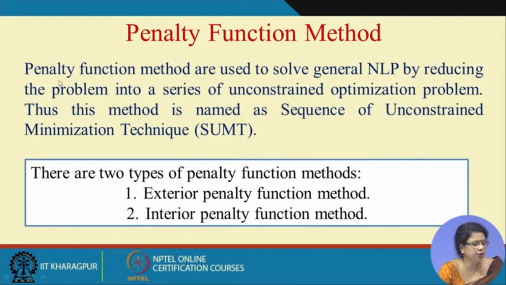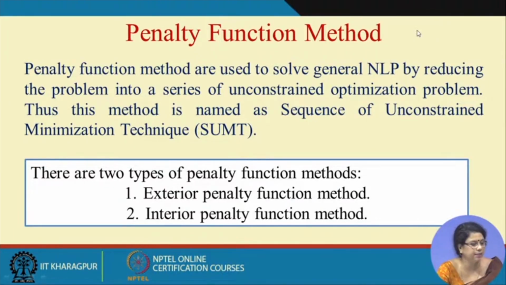Generally, there are two types of penalty function methods. One is the exterior penalty function method and the other is the interior penalty function method. In the exterior penalty function method, we start the solution procedure from the infeasible region, and through a sequence of unconstrained optimization problems we approach the feasible region and get the optimal solution.